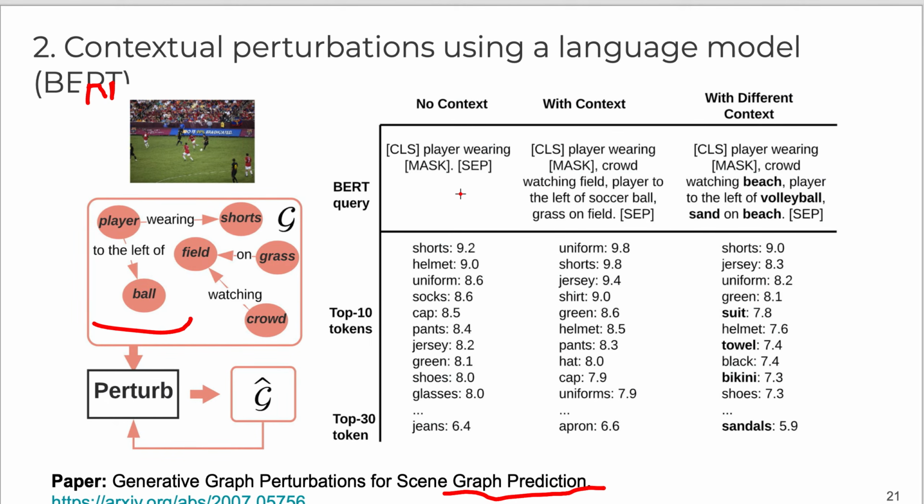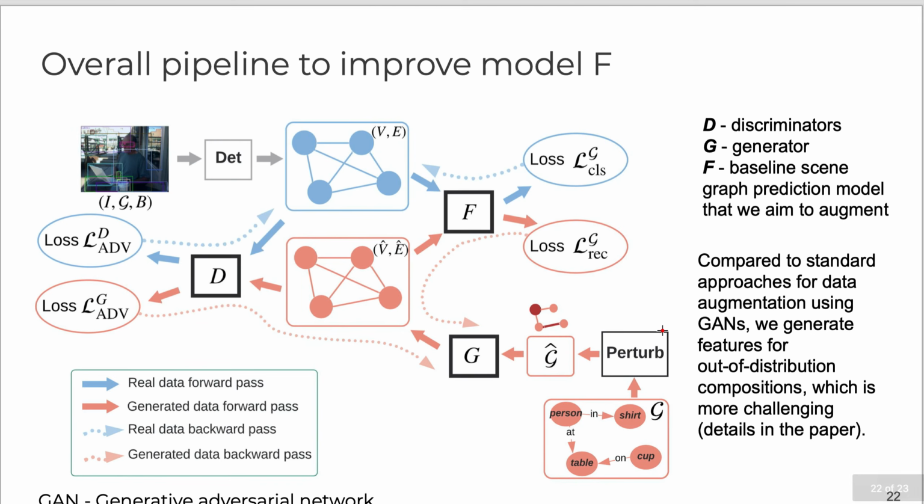For example, we mask out some of the objects or edges in the triplet, and BERT can return plausible candidates for this mask. So we can randomly choose any of those candidates, and we can also add context to the query to make the possible candidates different depending on the context that we want. This is done to increase the diversity of perturbations.